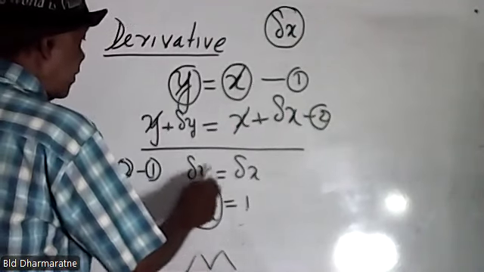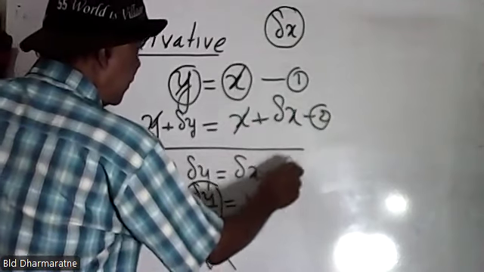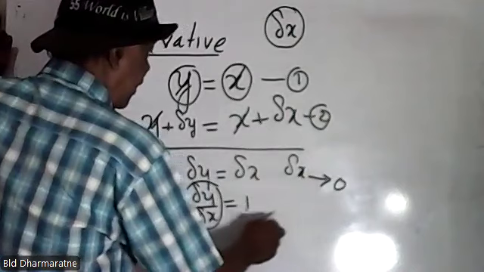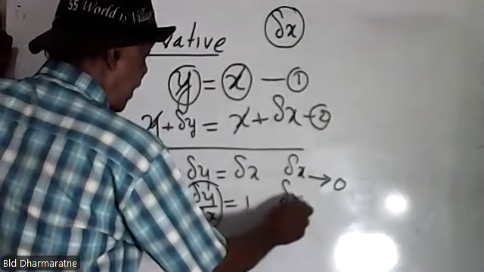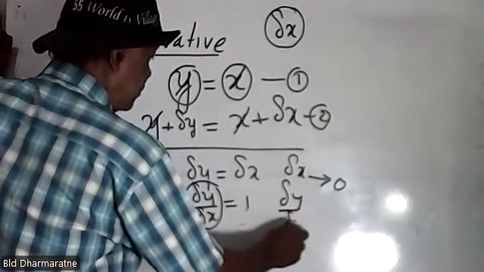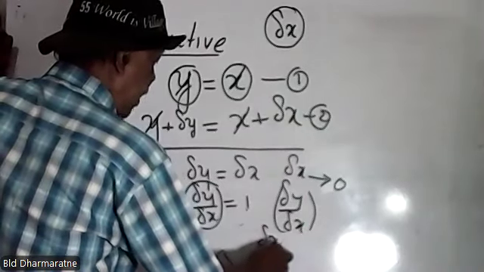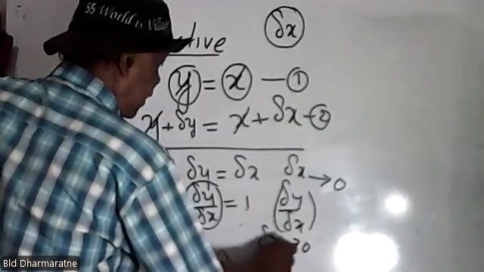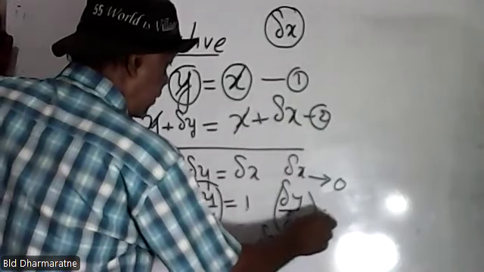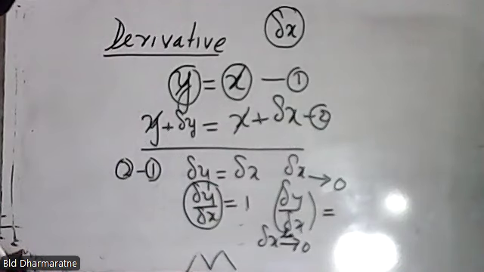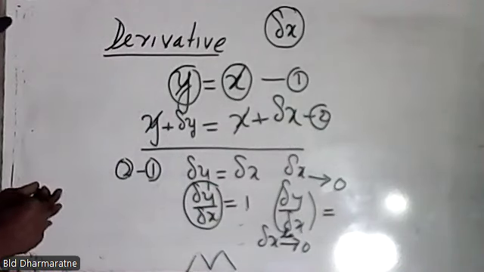Now delta x is approaching 0. What is happening? Delta y by delta x, with delta x approaching 0, has some limiting value. But this limiting value we do not write like this.